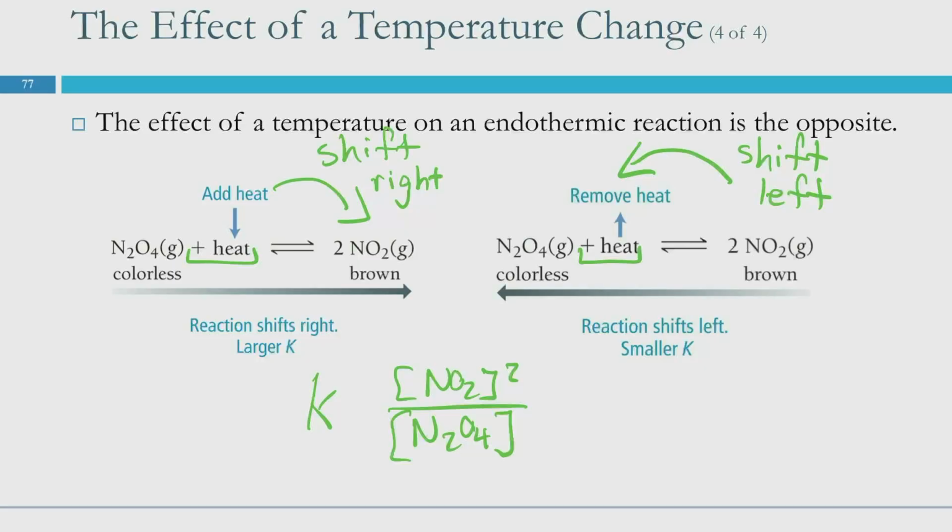So in our left example here, where we're adding heat, the shift right means more product is being made, so K gets bigger. Questions about any of those three scenarios with Le Chatelier's principle?